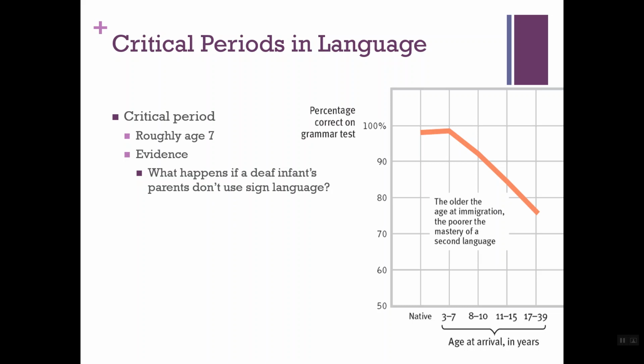Deaf children who can't sign or aren't stimulated to sign, they're not being shown the language, they will lose this ability at this critical period, okay, if it's not being taught to them. And so they might be able to kind of speak in broken sign language if they're taught a little bit later in life, but it's hard to pick up this kind of fluid speaking if they're not shown this early on.